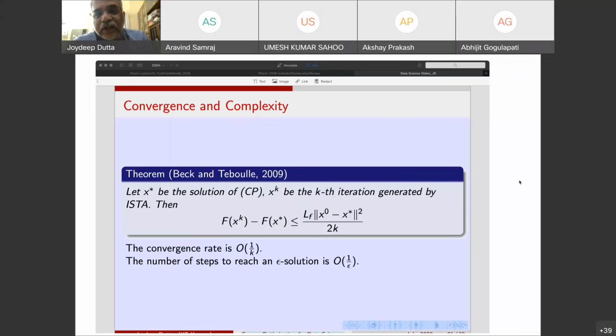So f(xk) minus f(x star) is less than Lf, times norm of x naught minus x star, whole square, divided by 2k. x naught is a given point, the starting point which you know, and x star is the solution, which is assumed to exist.